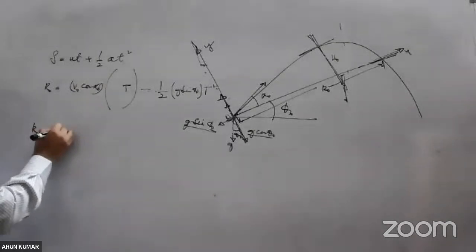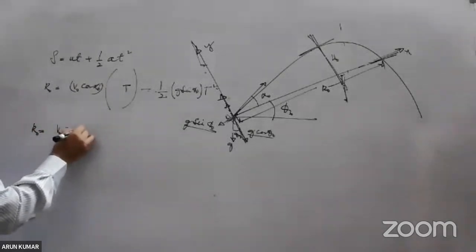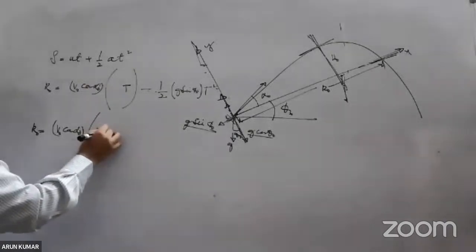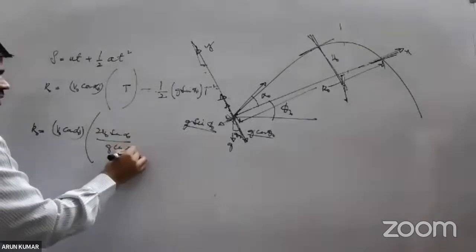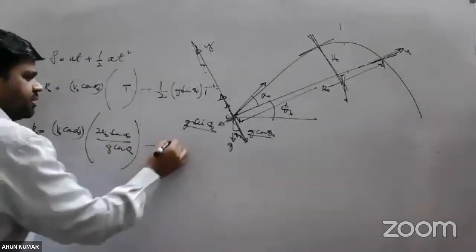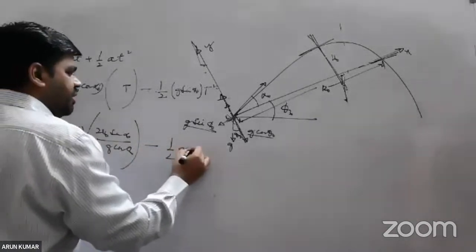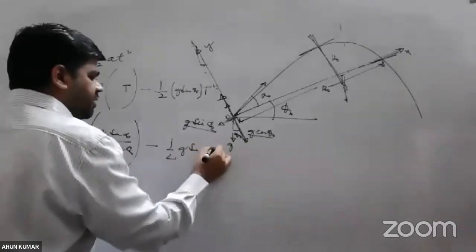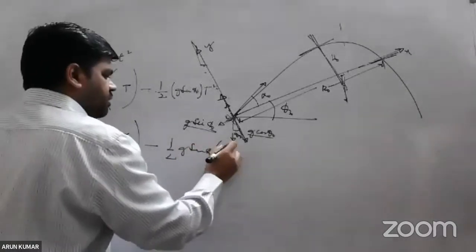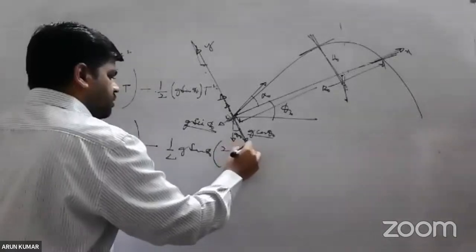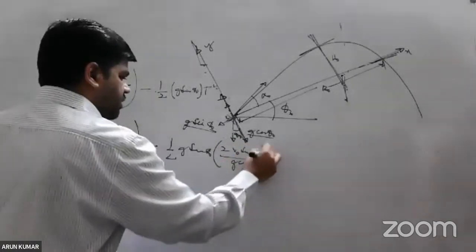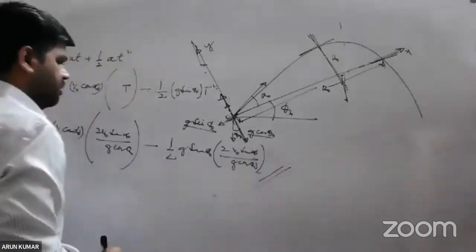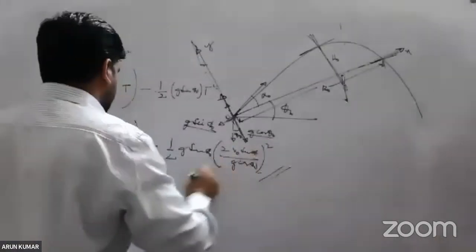R naught is equal to V naught cos alpha naught into 2 V naught sine alpha naught by g cos theta naught, minus half g sin theta naught into 2 V naught sine alpha naught by g cos theta naught, whole square.